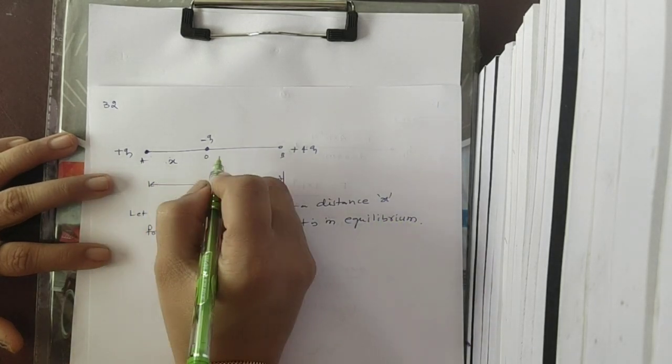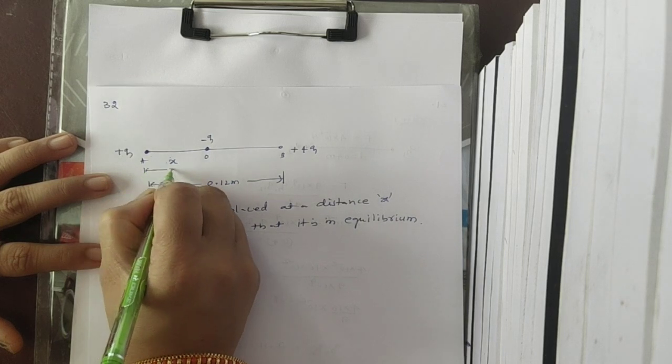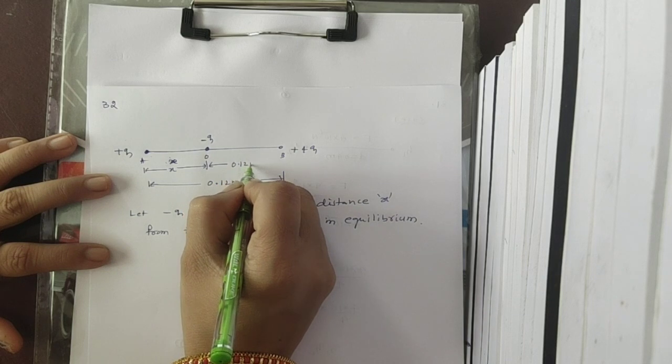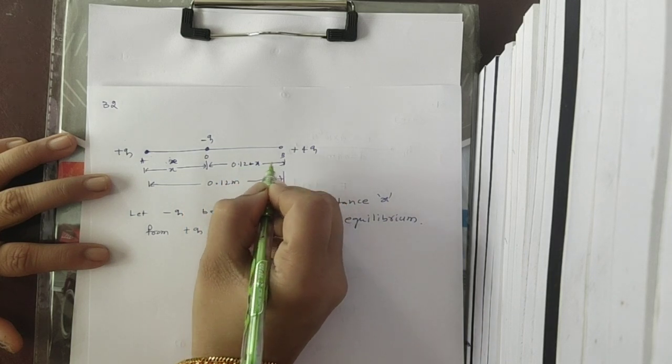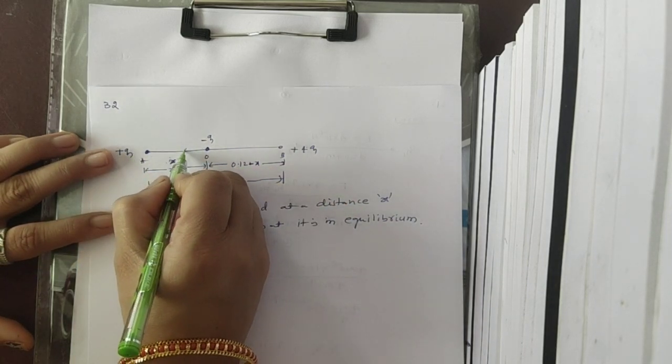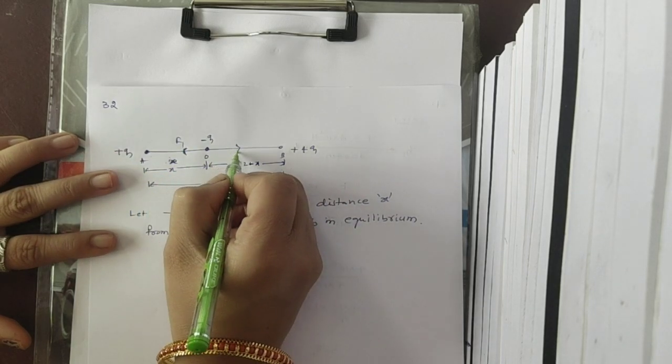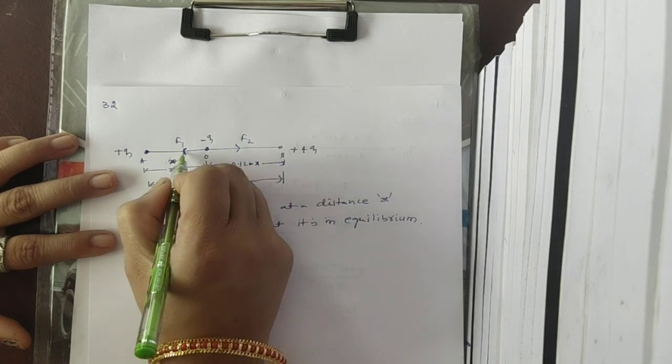Okay, if this is x, then this will be 0.12 minus x. This plus q exerts force F1 and this plus 4q also exerts force F2.